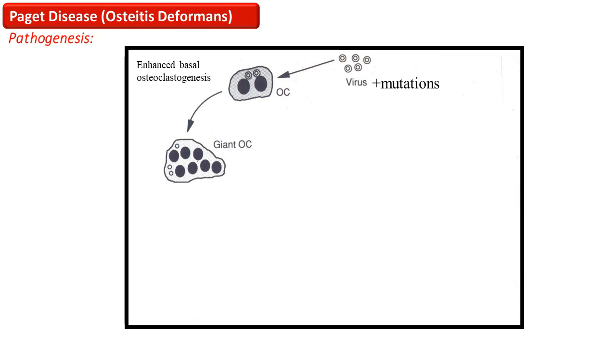It is now multinuclear. Normally, we know that there are 6 to 12 nuclei in the osteoclast, but in osteitis deformans, these nuclei can go up to 100. And obviously, these viral inclusions are also seen in the DNA, as we have discussed earlier.